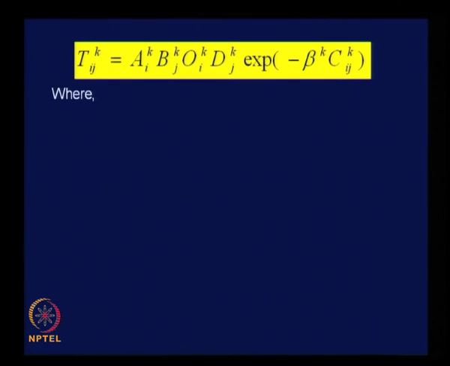We will try to understand the explanation for the notations. Of course, K, which you find everywhere, stands for the commodity type, particular type of a commodity, okay, because we are going to segment the data based on commodity type. That means we are going to develop different models, one for each of the commodities based on the segregation.